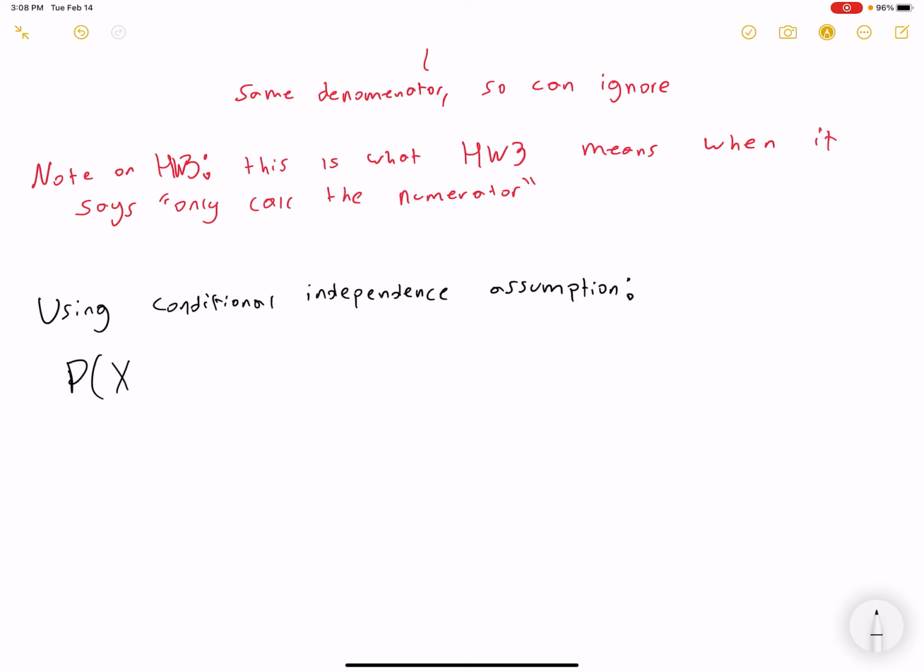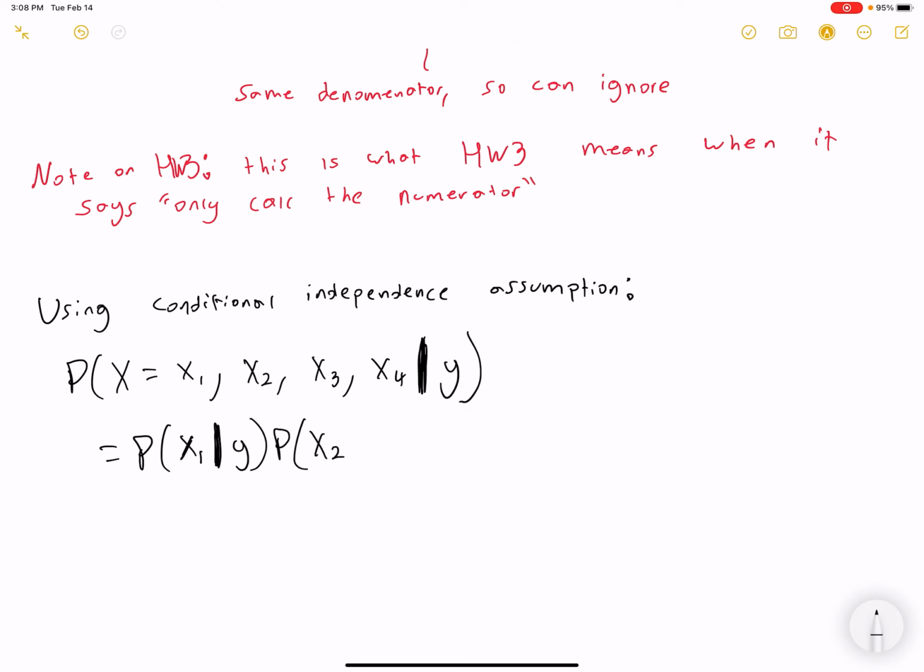We could say that the probability of our data, feature 1, feature 2, feature 3, and feature 4, given, and this is where the conditional in conditional independence comes in, given the class that we're evaluating, is equal to the probability of feature 1 given the class times the probability of feature 2 given the class times the probability of feature 3 given the class times the probability of feature 4 given the class times, well, sorry, that's Bayes' rule.